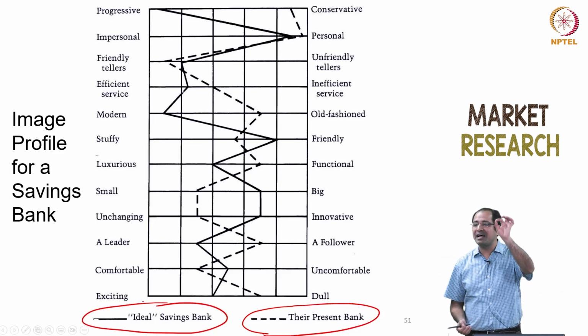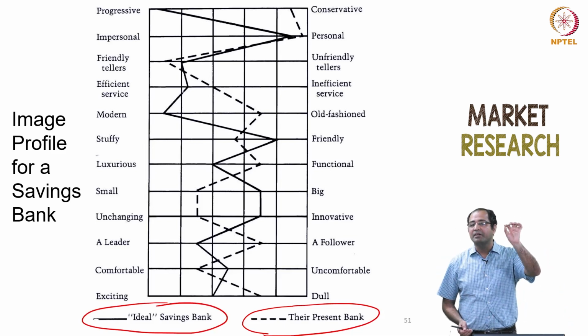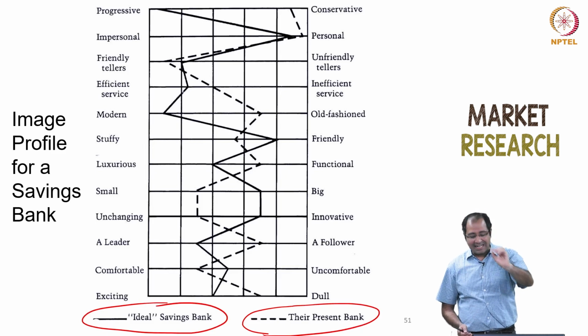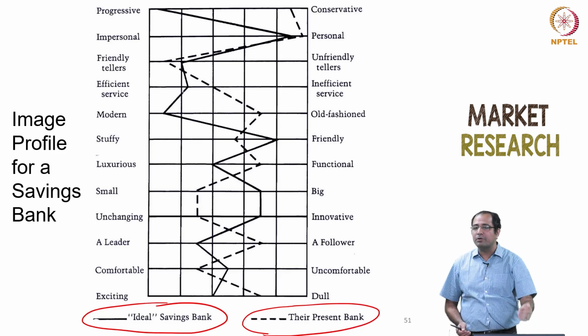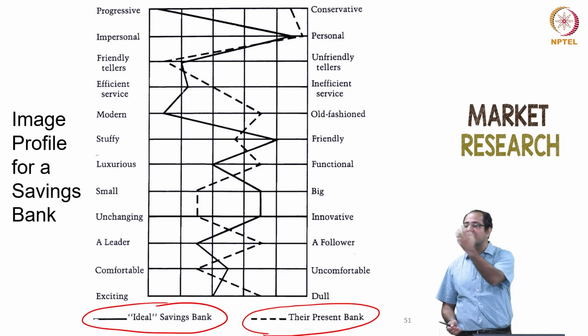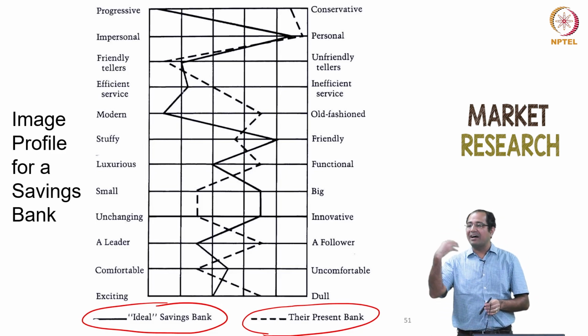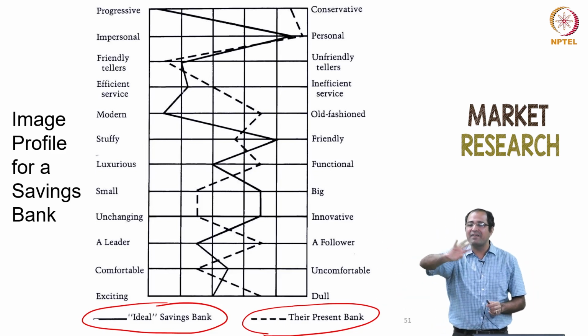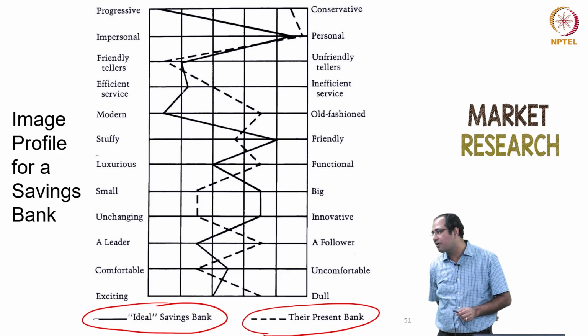You tell them to think about the ideal bank and mark how the ideal bank would be on these attributes, progressive, conservative, and so on, and then plot. Then ask them to rate my brand in separate questions, and then you can plot to see where you are in comparison to the ideal brand for your target market.